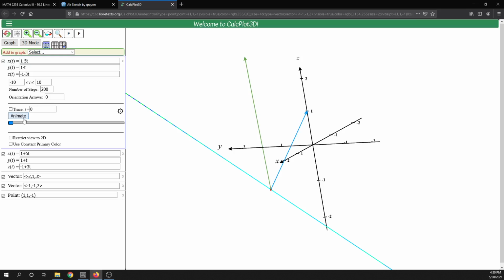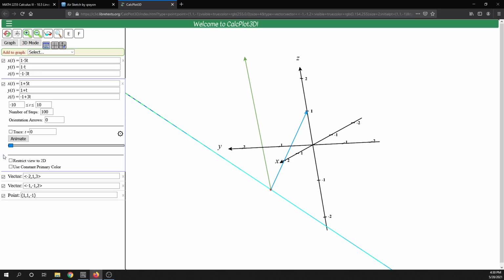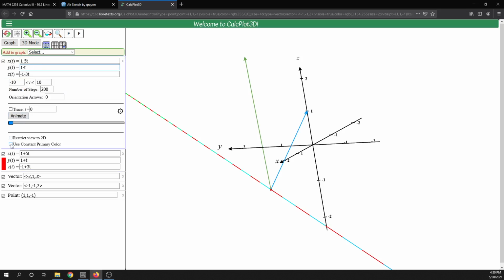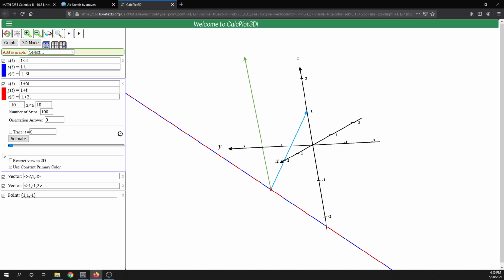You can see I get the same line there. Let's restrict it to a primary color and do the same thing here. So you can see I get exactly the same line. If I turn one of them off, you see it's right there.